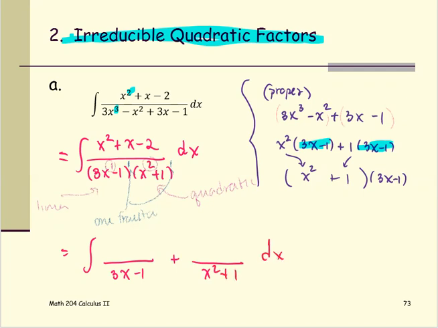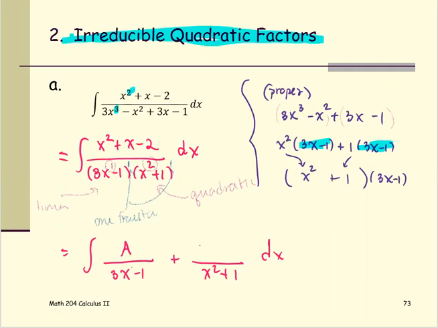Okay, now we're going to decompose into 2 pieces. The first one is linear. For the linear, the numerator has to be 1 power less than the denominator. The denominator has a power 1, so the top has to be a constant. So I'm going to put A as a constant term for the numerator of the first fraction. The second term is a quadratic, so the numerator has to be in linear form, 1 power less than the power of the denominator.